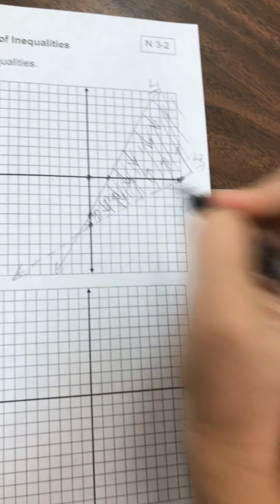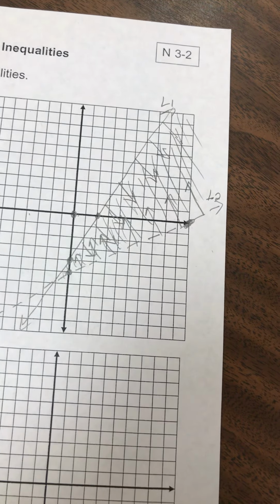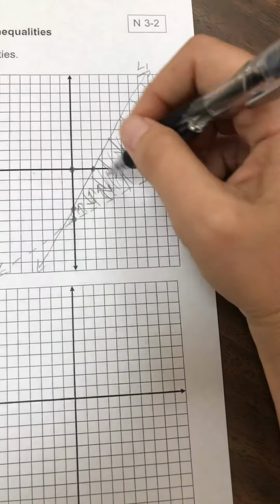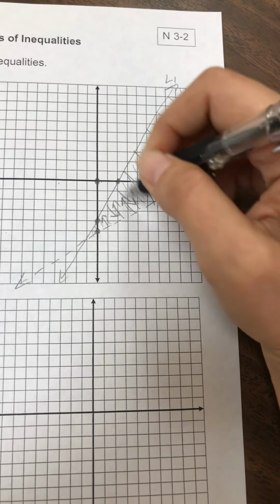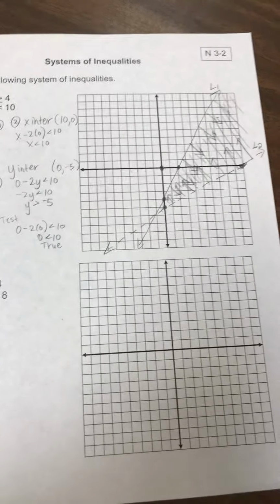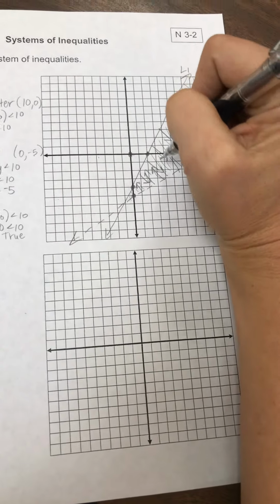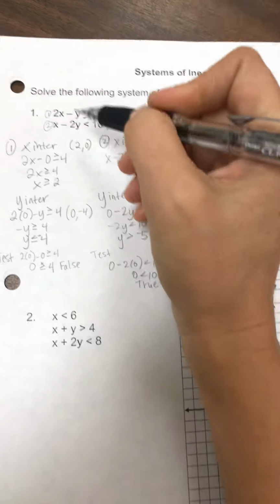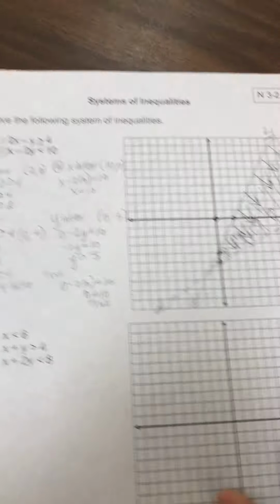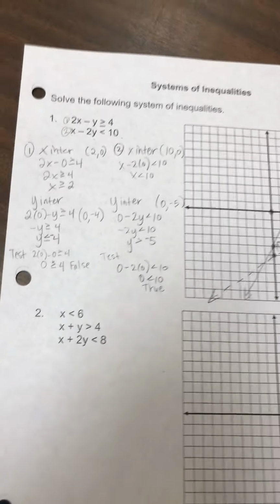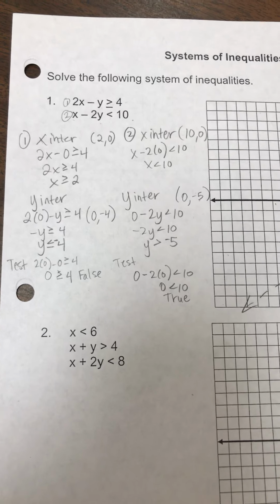Where these two overlap. Okay, so we shaded down from this, then we shaded up from this, so this is where they overlap. This is where you shade. So any point within this shaded area would be a solution for both of these equations. Okay, there's the work again, in case you need it.